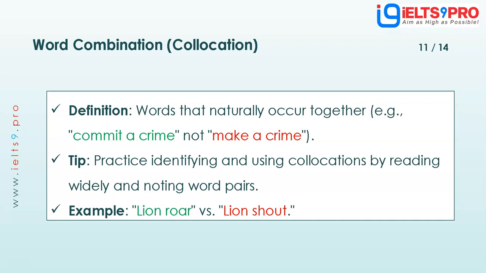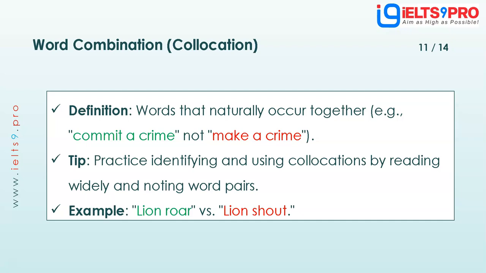And again, combinations. You always commit a crime. You never make a crime. You know, so lion roar versus a shout. Do lions actually shout? You know, so one of the best ways that you can get used to all this stuff is to read. I keep saying this.